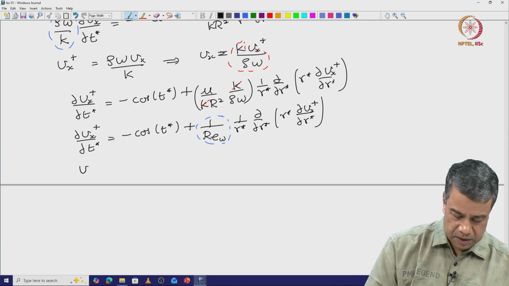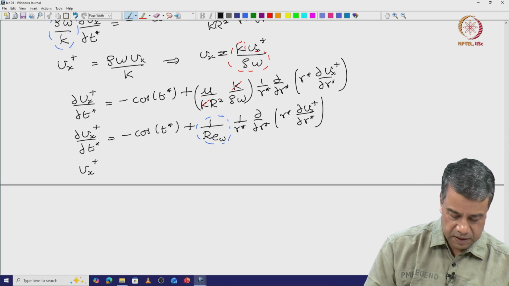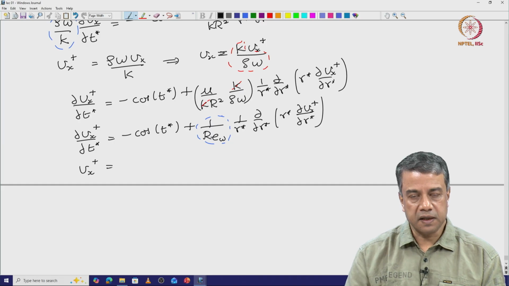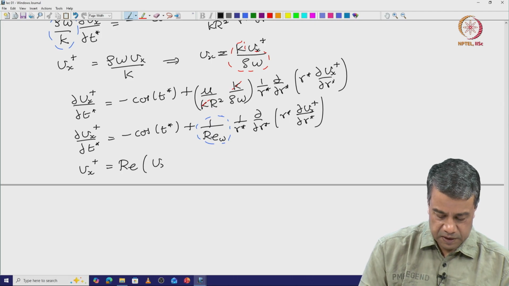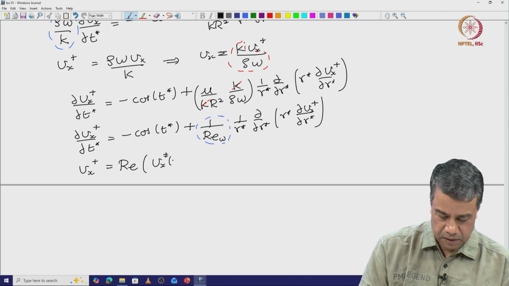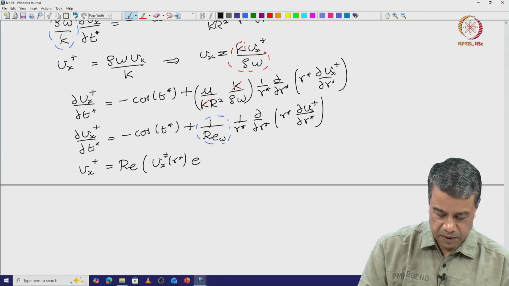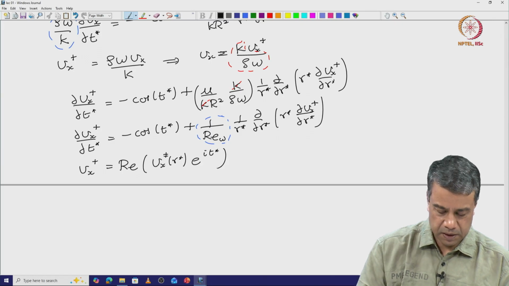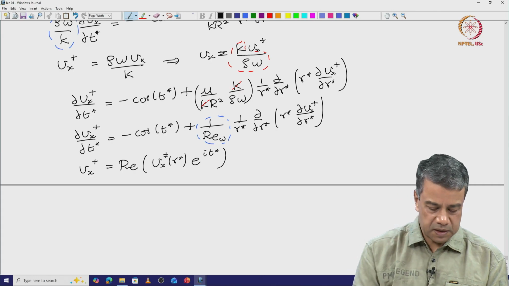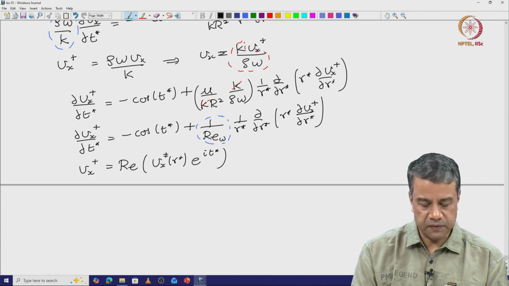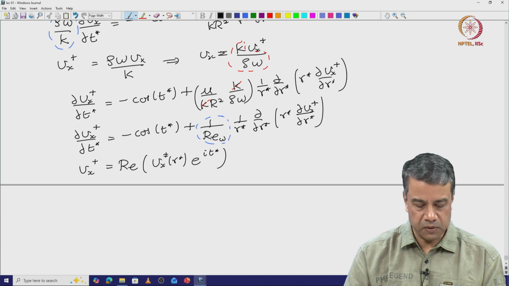Once again, I write V x dagger. I can write it as the real part of some function of r times e power I t. Substitute this V x dagger, equal to this function of r times e power I t, into the equations.